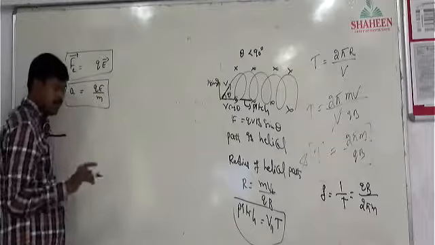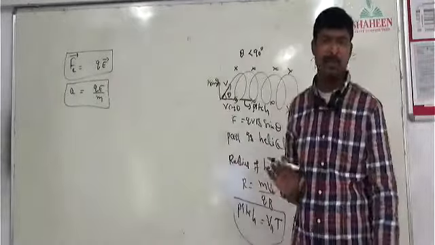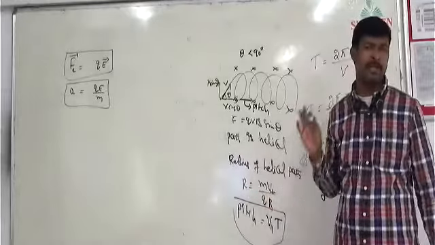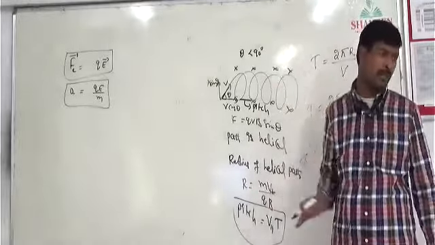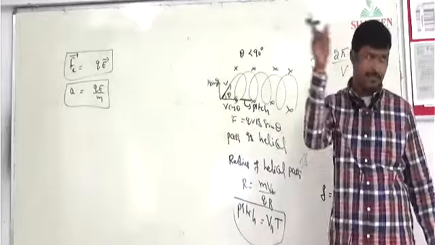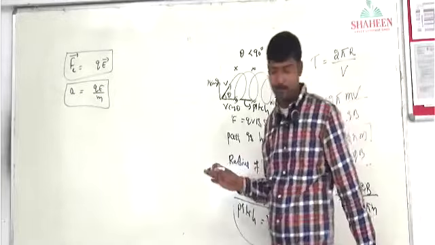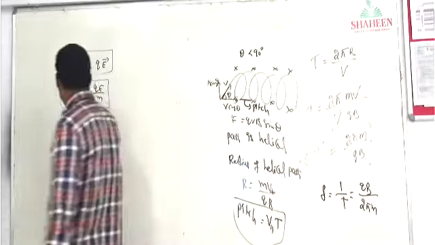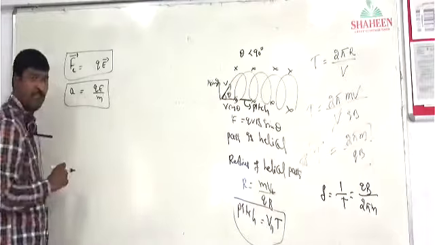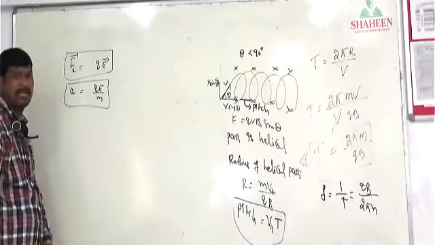And we know, as I said just now, the magnetic field does not change the magnitude of velocity, because the magnetic field always exerts force perpendicular only. So it can change only the direction. But the magnitude of velocity can be changed by the electric field, because the electric field always exerts force in the direction of velocity or opposite to it.